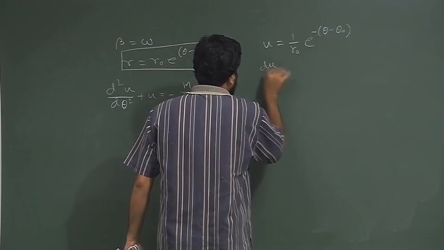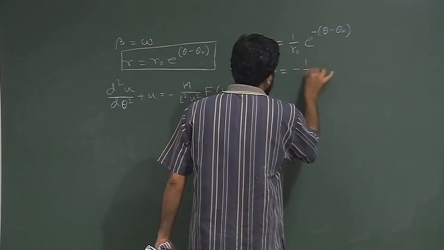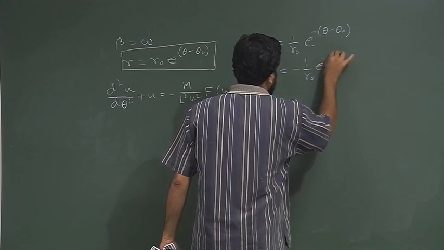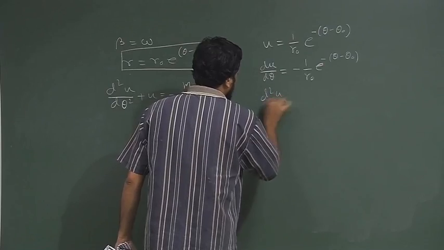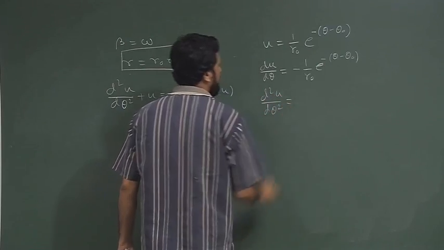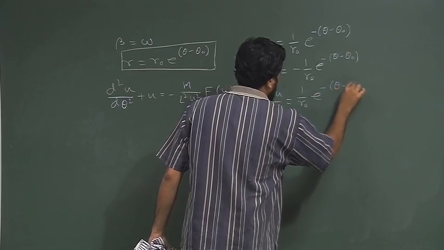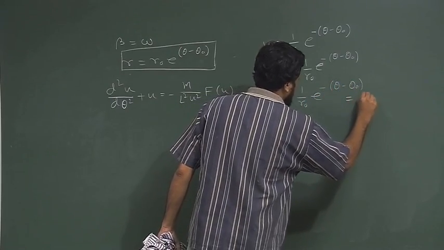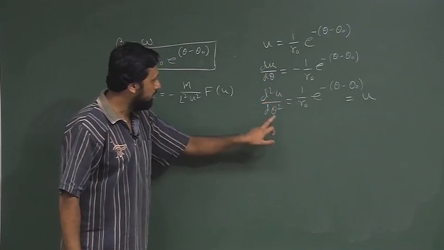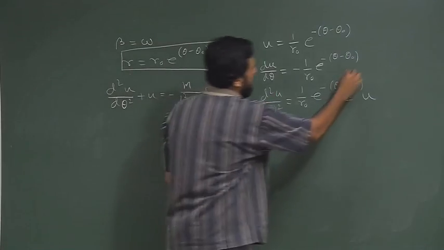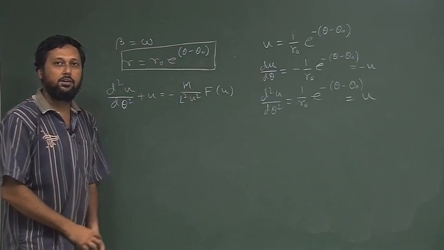So, du d theta is equal to minus 1 by r 0 e to the power minus theta 0, and d2u d theta 2 is equal to 1 by r 0 e to the power minus theta 0, which is equal to u. So, we see that du d theta is equal to minus u and d2u d theta 2 is essentially equal to u, which is not very uncommon for exponential functions.